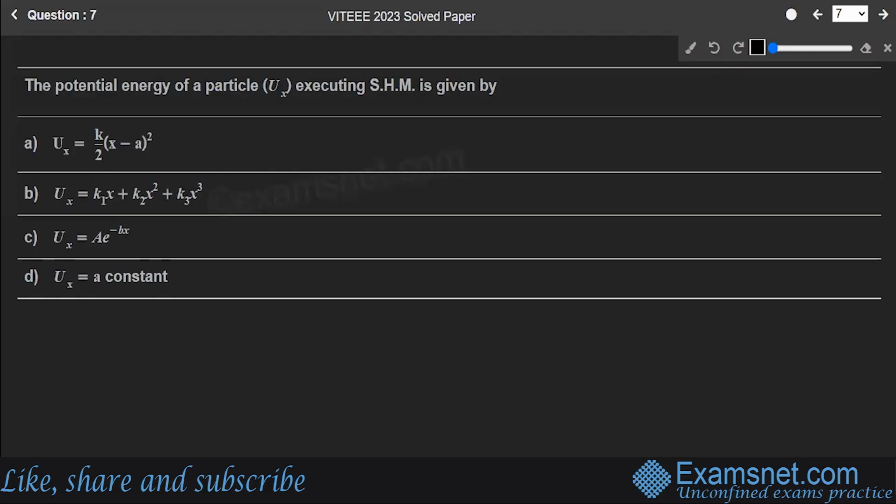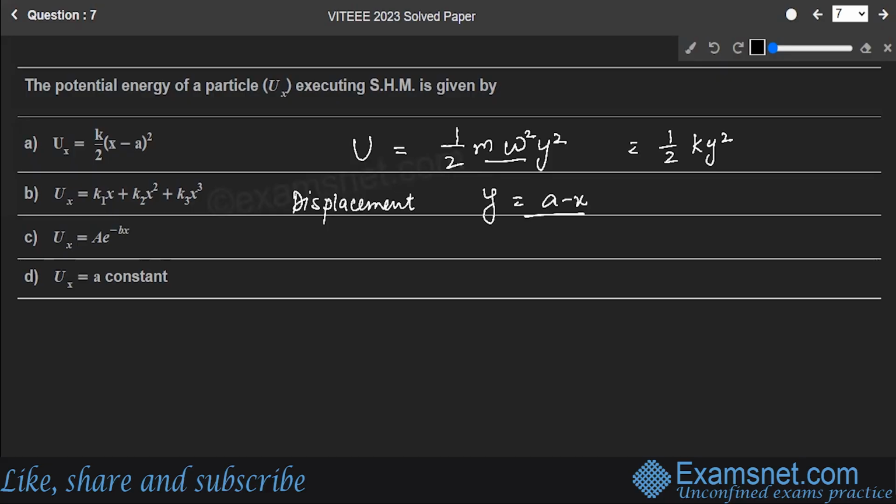Question number 7. The potential energy of the particle Ux executing simple harmonic motion is given by. The potential energy of any body executing simple harmonic motion at any instant is given by U is equal to half into mass into angular velocity square into y square. If I take this as a constant k, so this is half into k y square. Now let's say the displacement y is equal to a minus x.